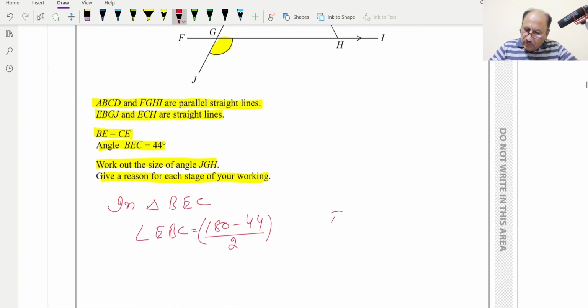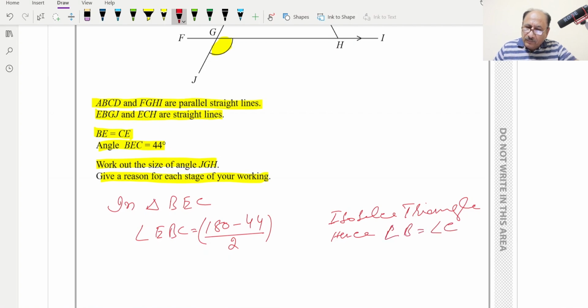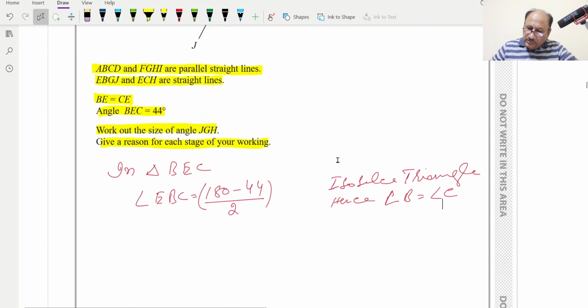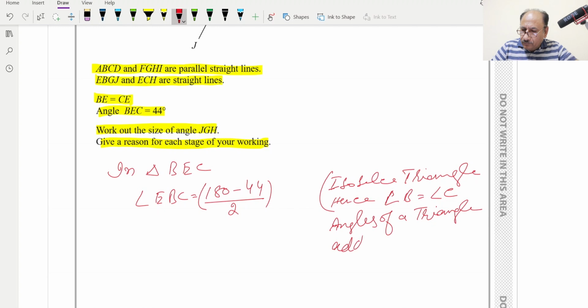So, isosceles triangle, hence angle B is equal to angle C. Angle B is equal to angle C, so this one we are splitting, and we can write angles of a triangle add up to 180 degrees.